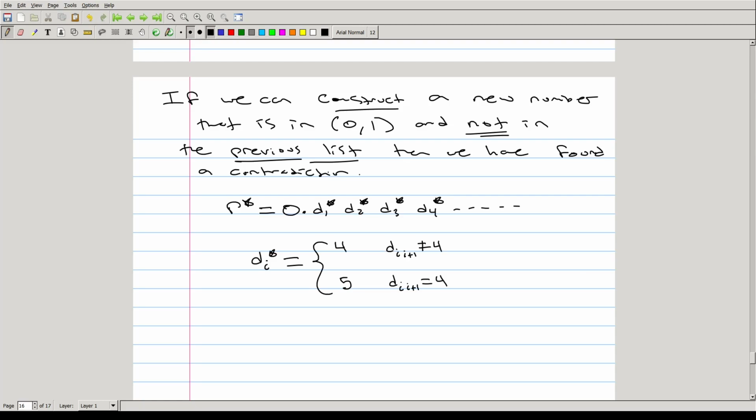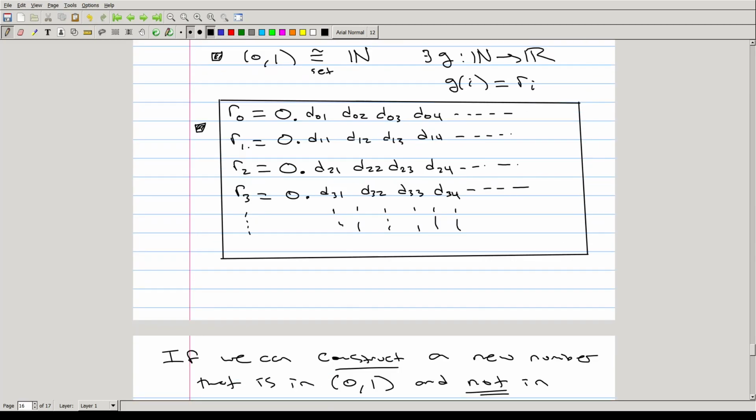And the reason that this is giving us a contradiction is the following. We're going through and looking at each and every element in this countable list on the diagonal, all the way to infinity ad infinitum, and we're subtly changing the elements on this diagonal list on every single one of these numbers in this infinite set.